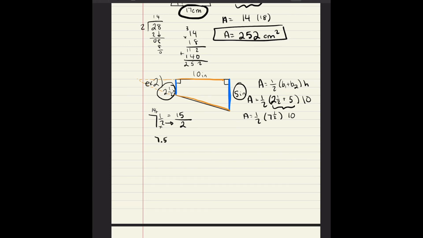Or you could just turn it into 7.5 because 1/2 is always equal to 0.5. But I'm not doing that. So I'm going to do 15 over 2 times 10. I have my invisible one. So 15 times 10 is 150 divided by 2.